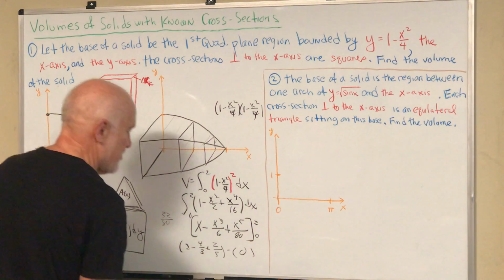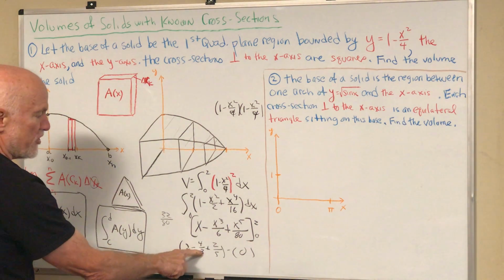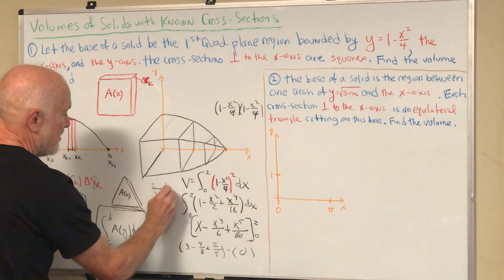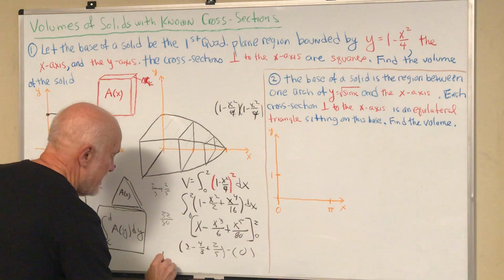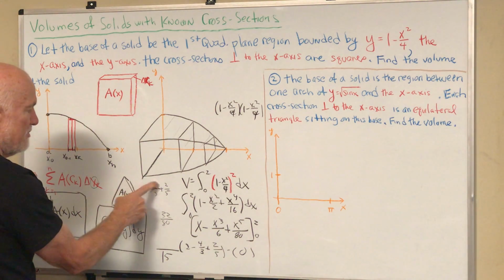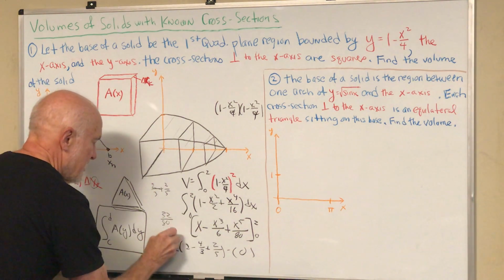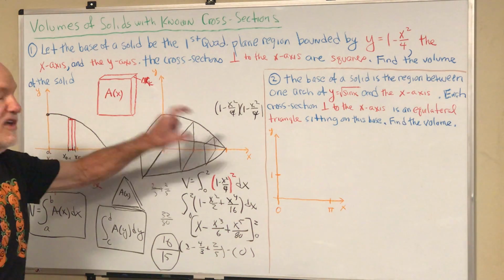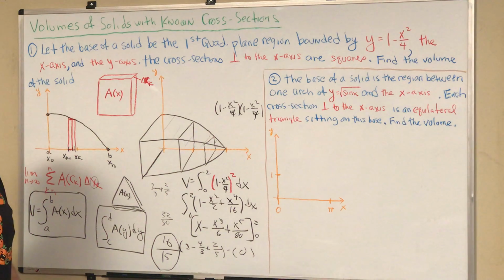And 0 gives you 0. So basically, you get 2/3 plus 2/5. And the common denominator would be 15. So 10 plus 6, 16/15. So that would be the volume of this three-dimensional solid.